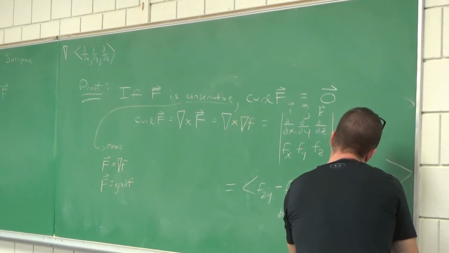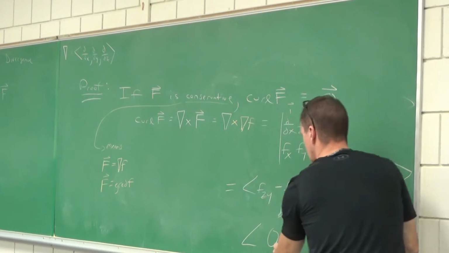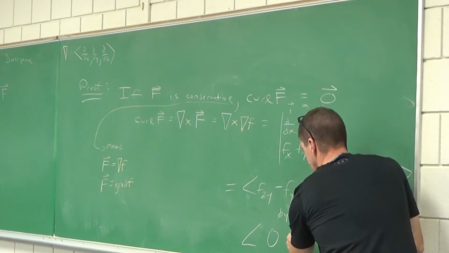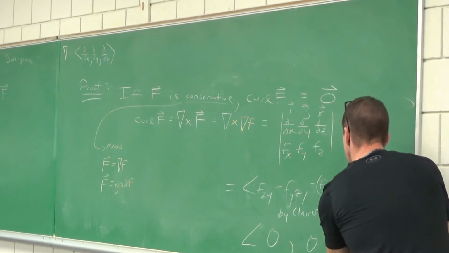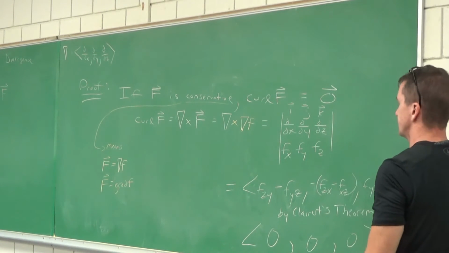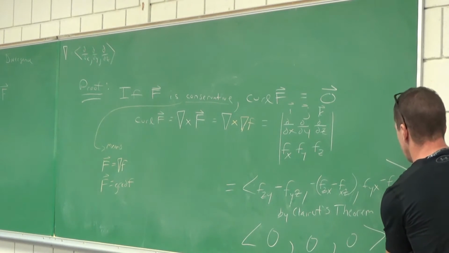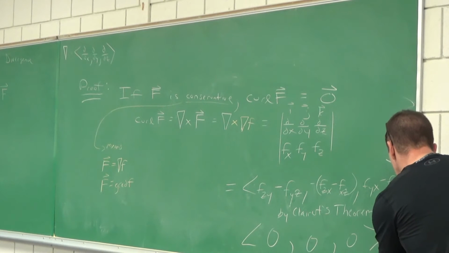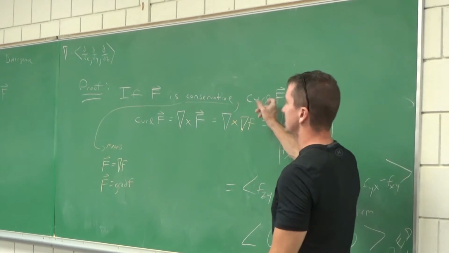What do you get? We get 0, negative 0, which is 0, and this is 0. We proved it. Here we can put a QED. Quite elegant. We ended the proof. That shows that it's a zero vector. The curl of the vector field is 0.